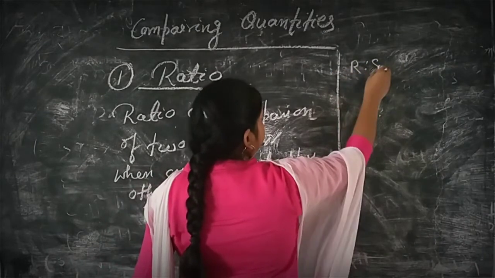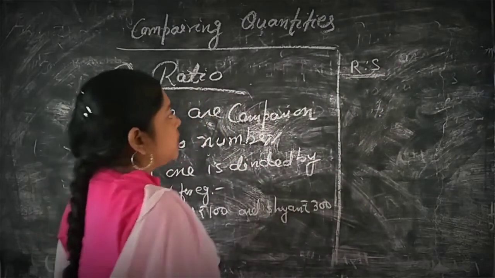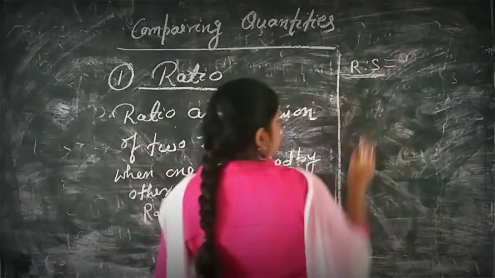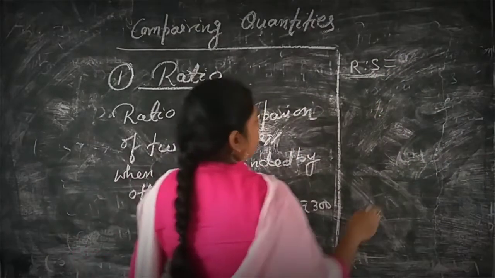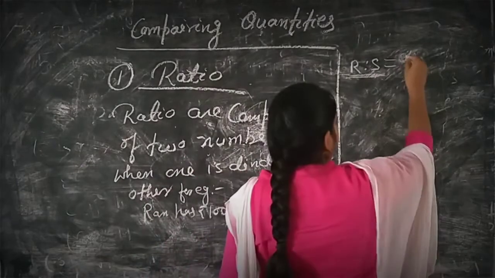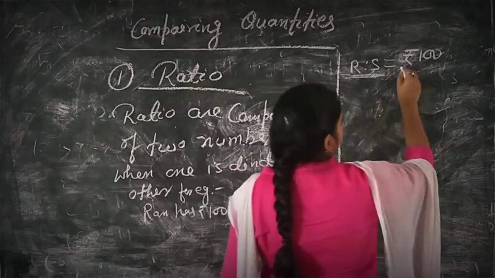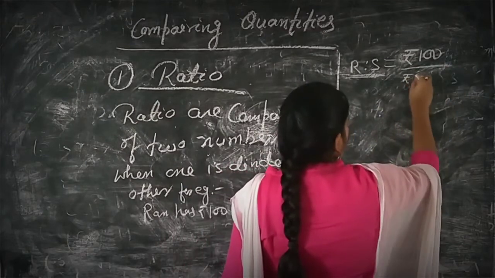Ram and Syam both are written in the short symbol form, and we write in the ratio form: Ram has amount rupees 100 and Syam has amount equal to 300.